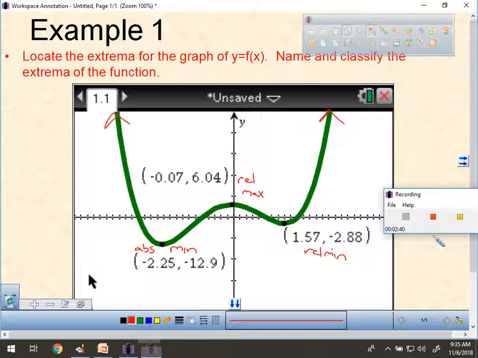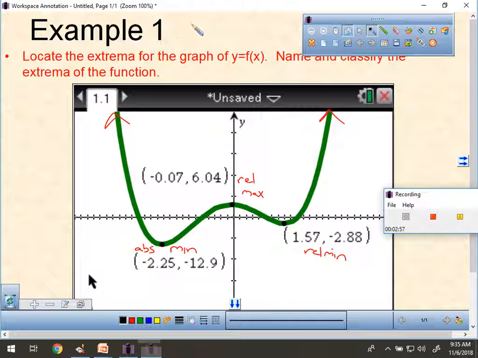All right. Now, for this, guys, in order to write my intervals of increasing and decreasing, I have to know where my critical points are, because my critical points are where the graph changes from increasing to decreasing. So my second task right here is to be able to write what my intervals of increasing and decreasing are. So let's do that right quick.